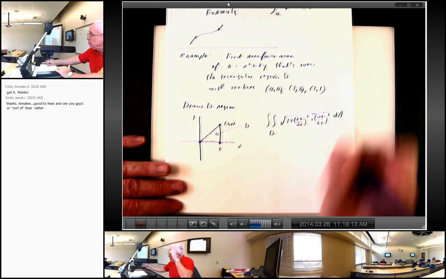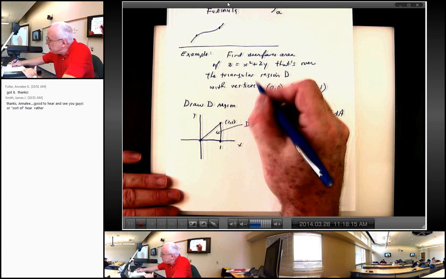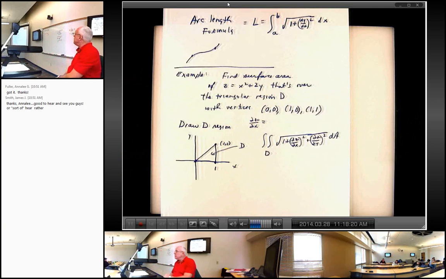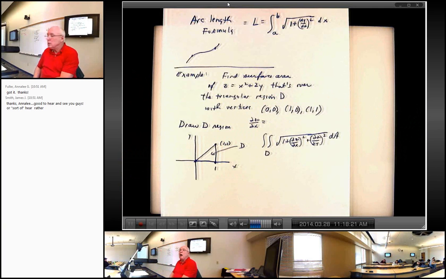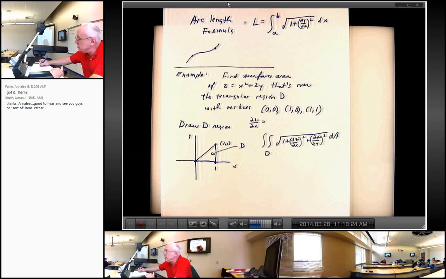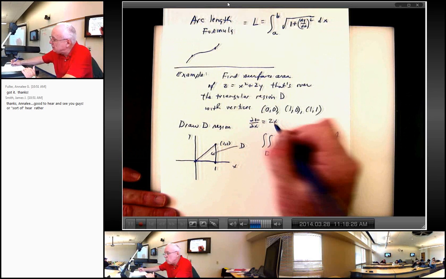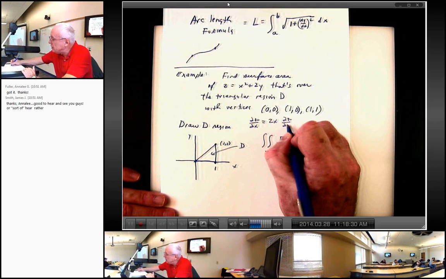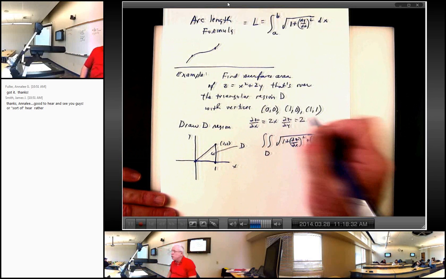Well, let's see. What is dz/dx? z is equal to x squared plus 2y. So dz/dx is 2x, right? y is a constant. And dz/dy, x is a constant, is equal to the number 2.